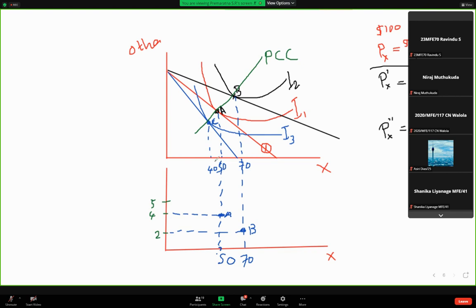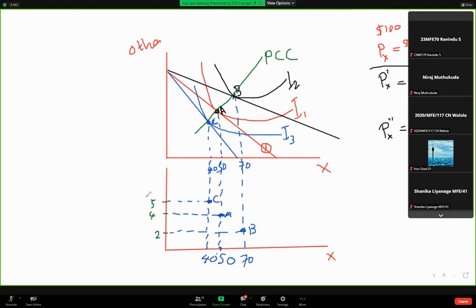When the price increases to $5, the consumer buys only 40 units of X. So at $5 we can find point C here.